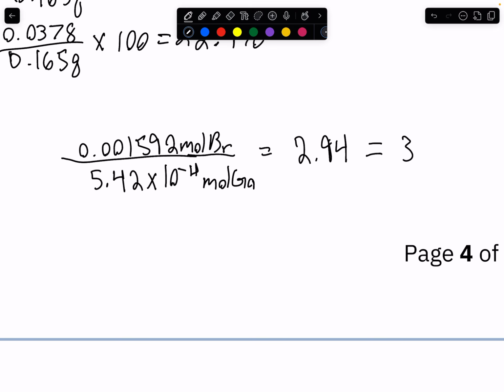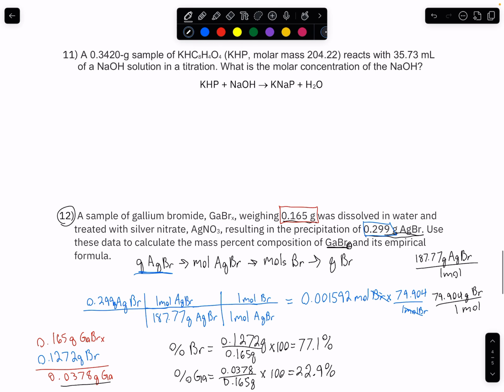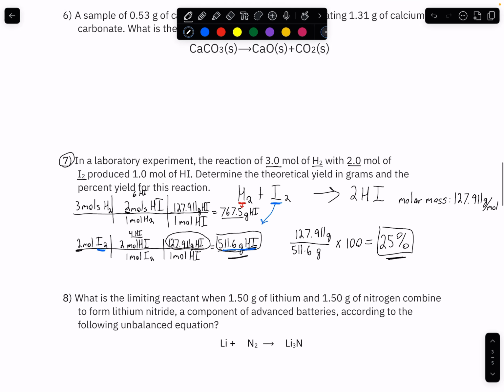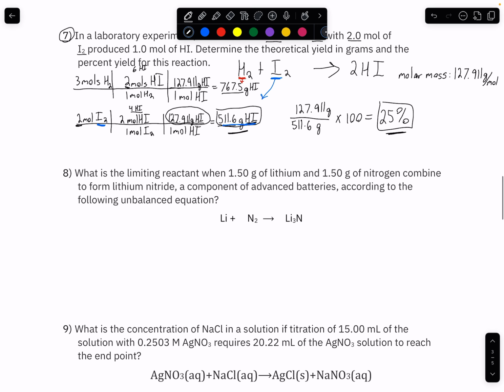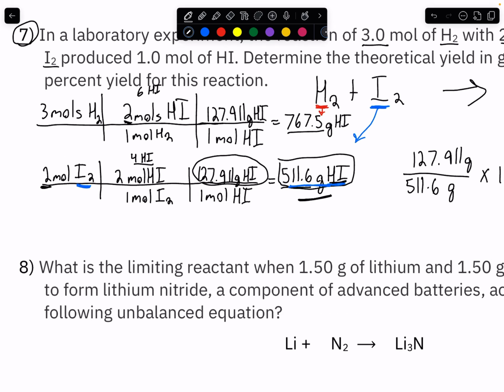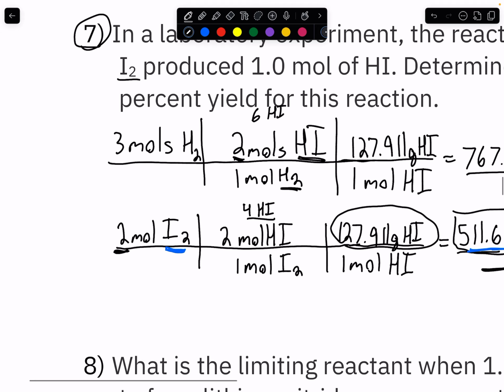Why are we doing moles of bromine over moles of gallium? For some of the other problems that I have done before, I talked a lot about our molar ratio. And our molar ratio is just how many of these moles can produce these moles, or how many of these moles do I need to have a reaction with these moles.